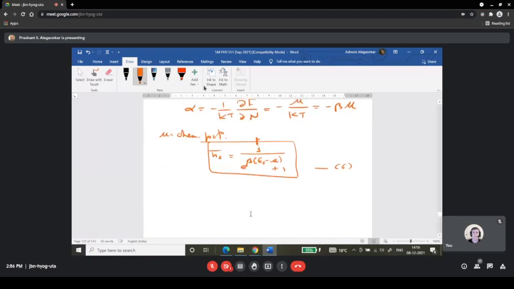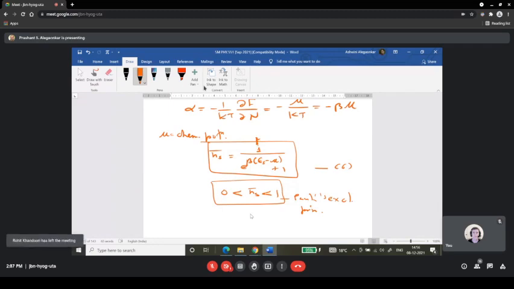And what is the condition on this ns? We have the condition on ns to be greater than 0 and less than 1, which is exactly what is reflected in Pauli's exclusion principle. So now you can calculate this if you are given the values.